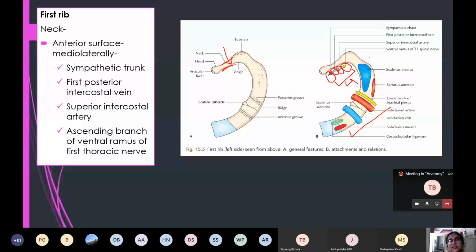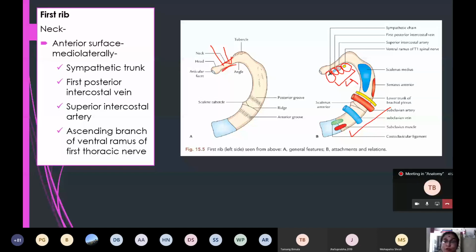This time the practical exam was not there, only theory. But you are the first MBBS university-going batch. So in the university exam, if we have to take it online, they will ask: identify the arrowed area of the bone, mention its anterior relation in order.